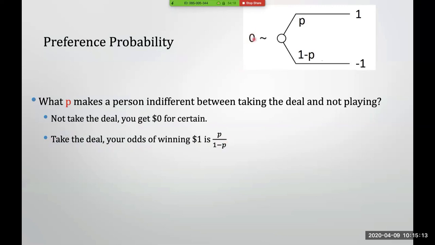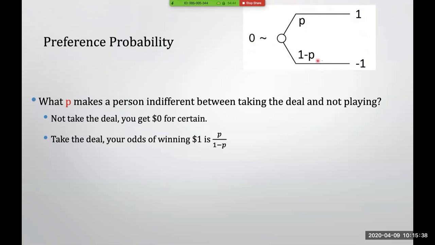So for this $0, if you are indifferent between not taking and taking the deal, what kind of P makes this indifference sign hold? That is essentially asking you, what is your preference probability of $0 in a binary deal where you could win or lose a dollar?